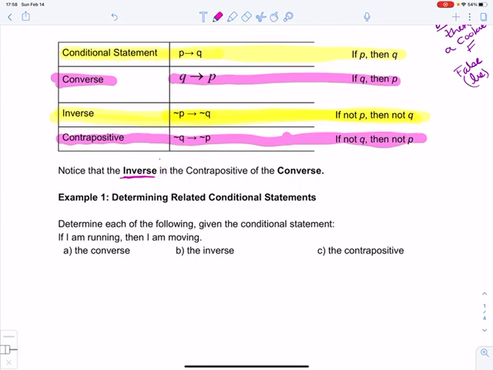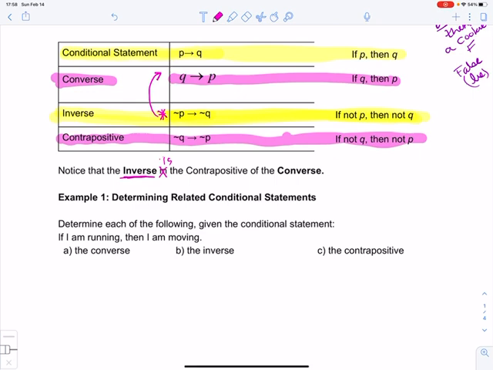Give me a second. Notice that the inverse is the contrapositive of the converse. So here's the inverse right here. And that guy, you took it and you flipped it and negated both of them. And that means that it's the contrapositive right here.